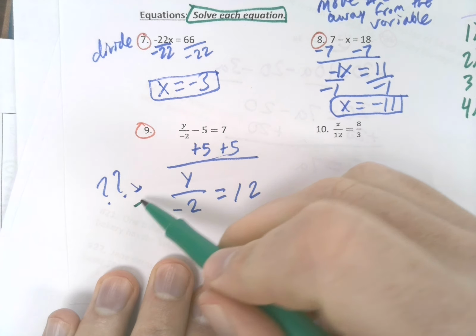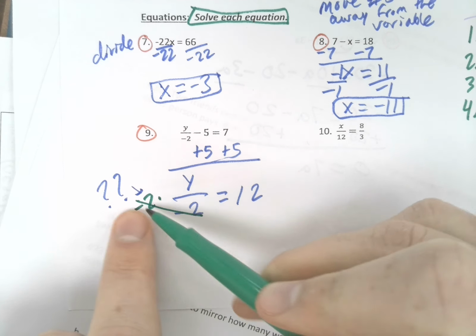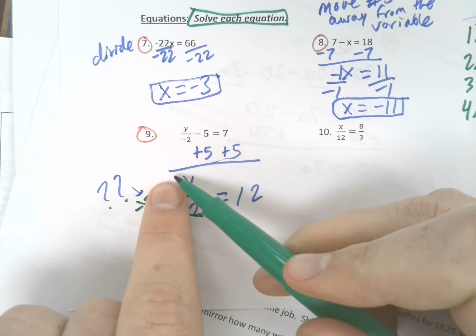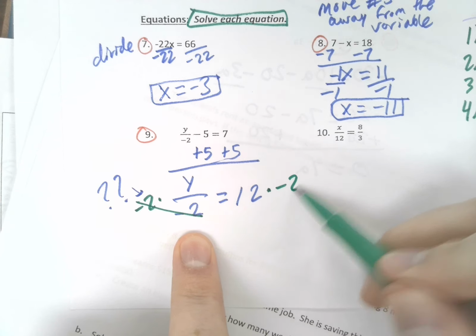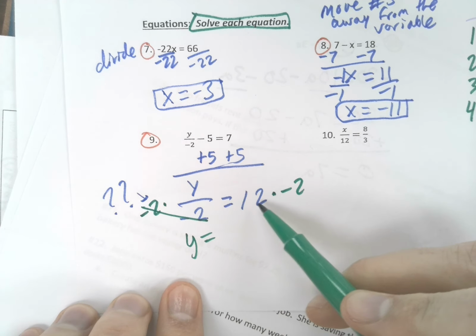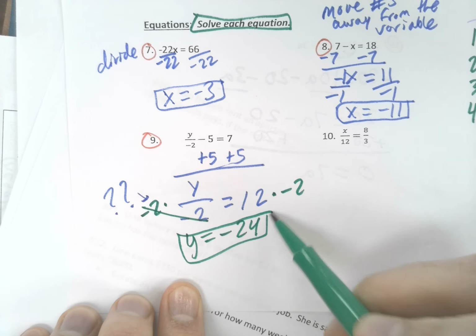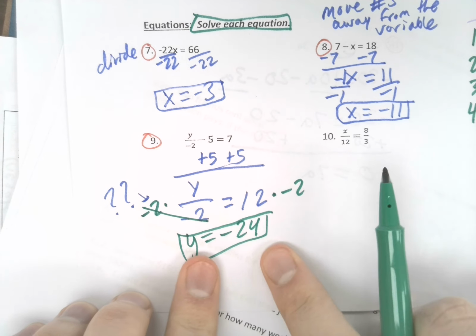Multiplying. Let's multiply by negative 2. And when you multiply a fraction by its denominator, those cancel, because that negative 2 goes up top and cancels out. But we also have to keep things balanced, so multiply it to the right side. And y equals 12 times negative 2. Negative 24. Let's go.